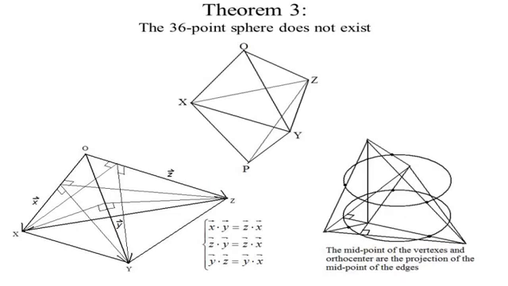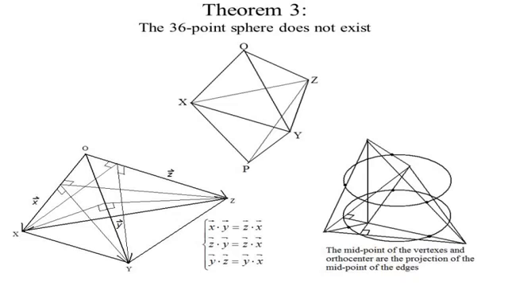And we have theorem 3. The 36-point sphere doesn't exist. If the 36-point sphere exists, any 2 adjacent faces on the hexahedron OXYZP must have coincide foot. Considering the tetrahedron OXYZ, that must be an orthocentric tetrahedron.